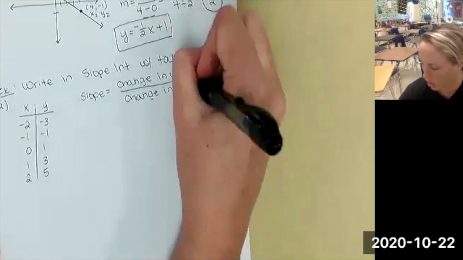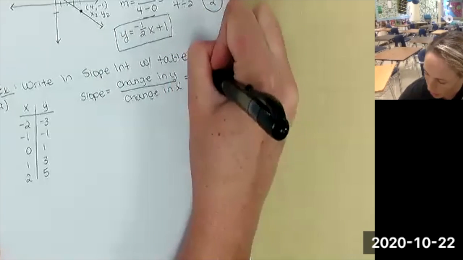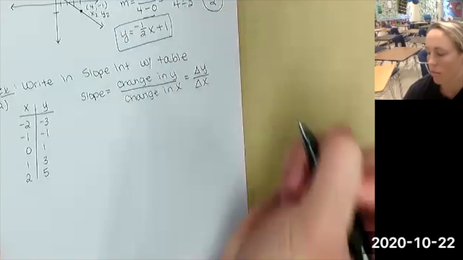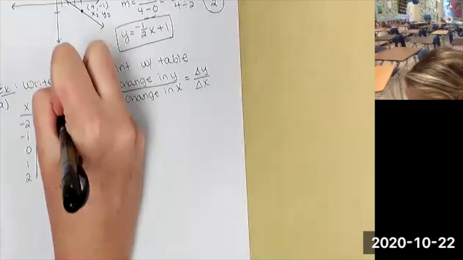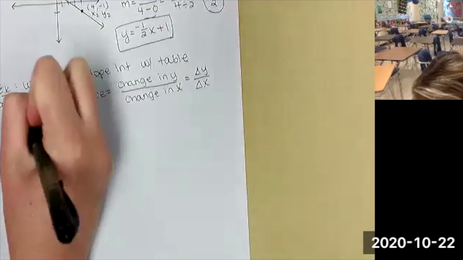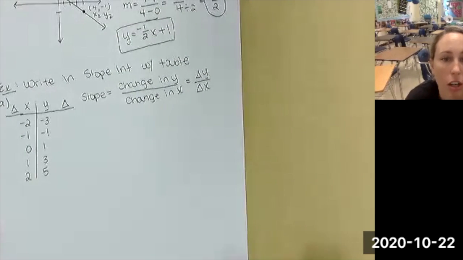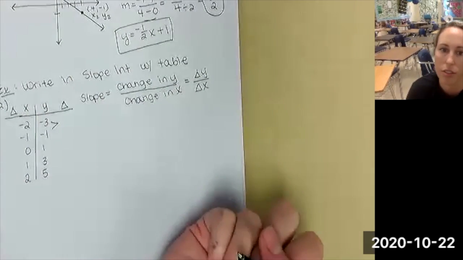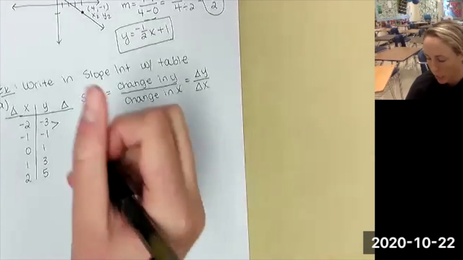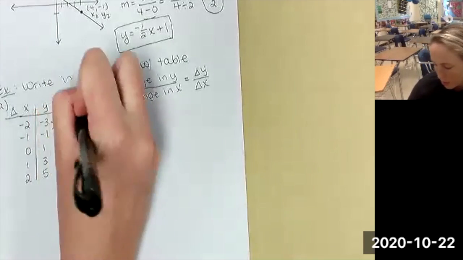And a shorter version of that is triangle y over triangle x. The triangles are Greek symbols called delta, but they mean the change in, okay? So I like to create a little delta range on each side of my chart. And then that's where we put our pluses and minuses. So to get from negative 3 to positive 1, we would add 2. This is delta y.